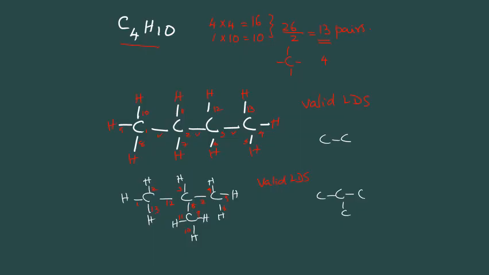So we have 2 valid Lewis dot structures for the same molecule C4H10. But we can see that the connection between the atoms is a little different. In the first one, C is connected to another C only. Each carbon atom is like that. Whereas in the second one, one of the carbon atoms is connected to 3 other carbon atoms, right?